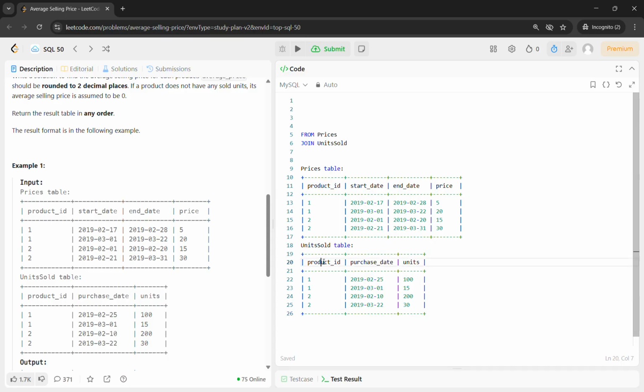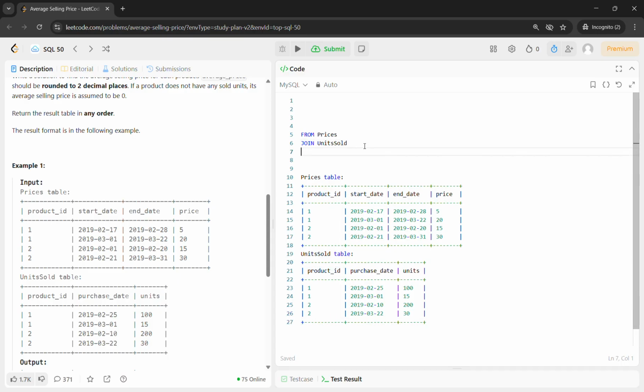Here it is pretty clear that we will write it on the product ID. So we will write on prices dot product ID equal to units sold dot product ID, right? This is our on condition.